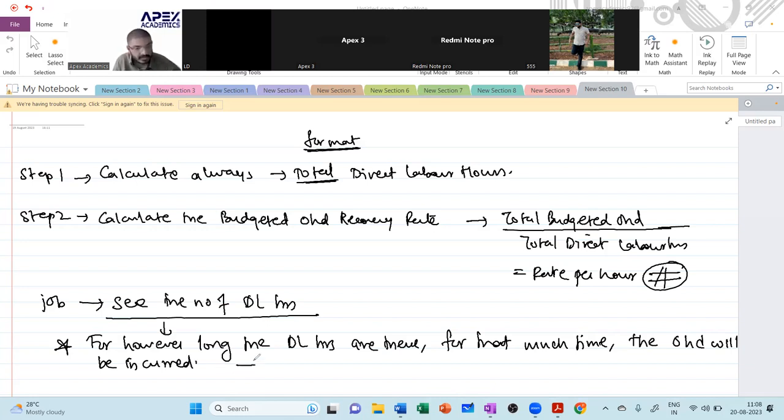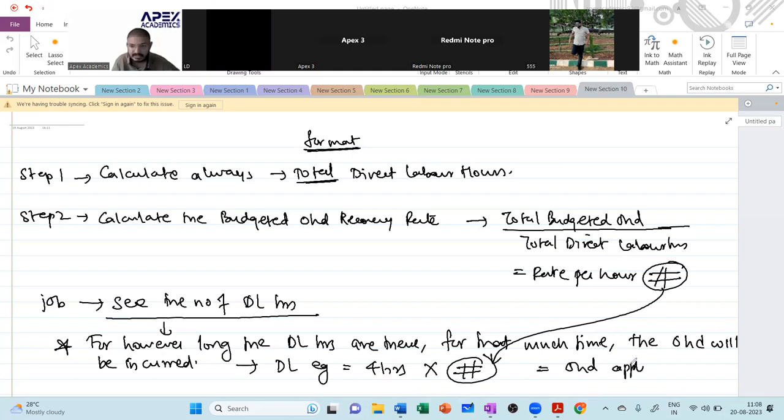If the direct labor, for example, is for 4 hours, it will be 4 hours multiplied by this hashtag rate. This is equal to the overhead applied on the job. This is what you have to calculate, and this is what is generally there in these types of questions.